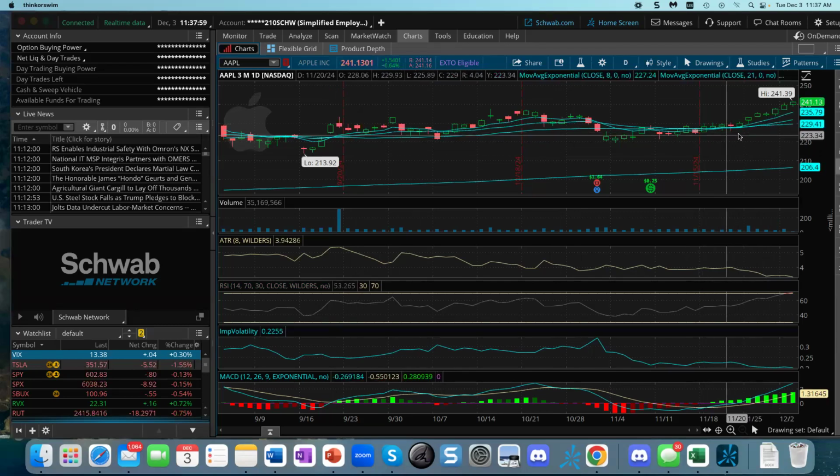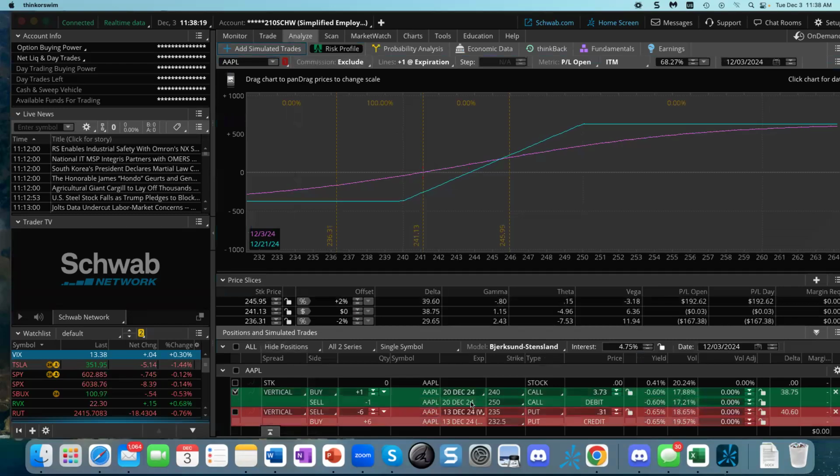So here's Apple, looks like it's going up. It's been going up. It's above some of these shorter term moving averages. So let's just say you think, hey, I think it's going to continue up here for the immediate future. And so I come in and I buy a call vertical debit spread.